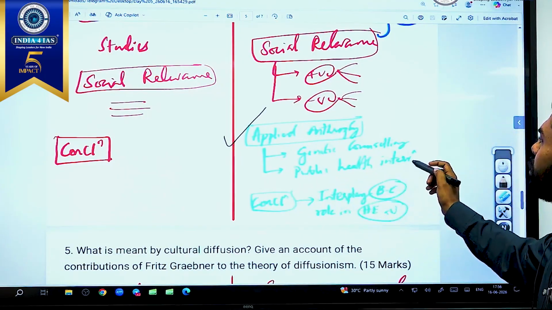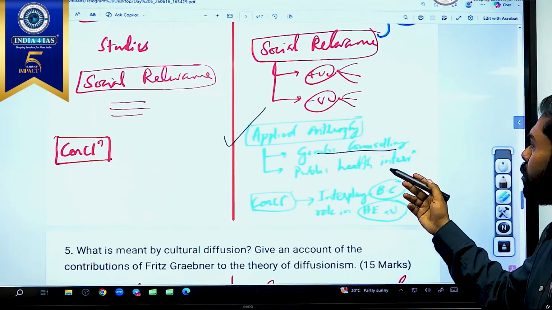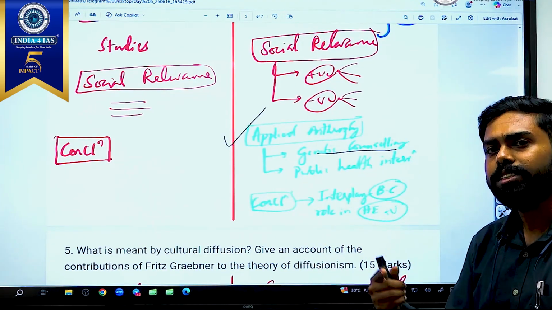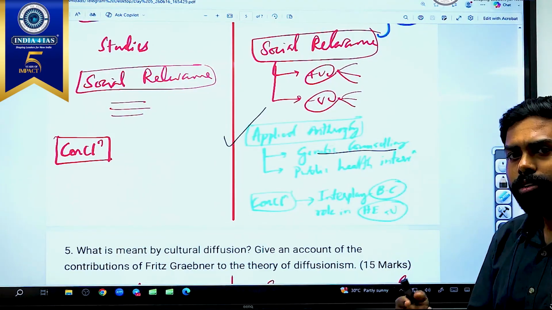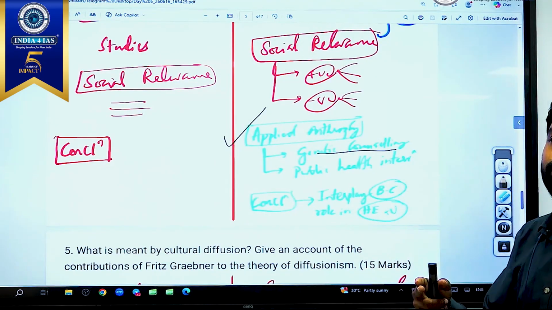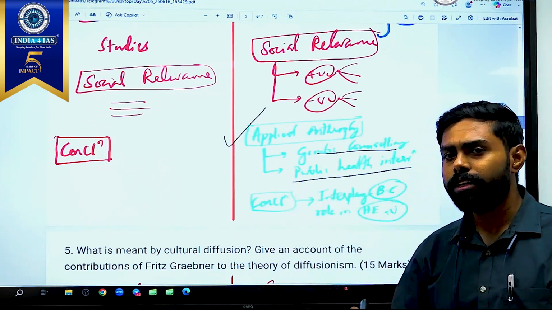Don't you think genetic counselors use these inbreeding and consanguinity concepts to recommend and advise families on whether they should marry or whether they can have a baby? And in public health intervention, don't you think it is relevant?